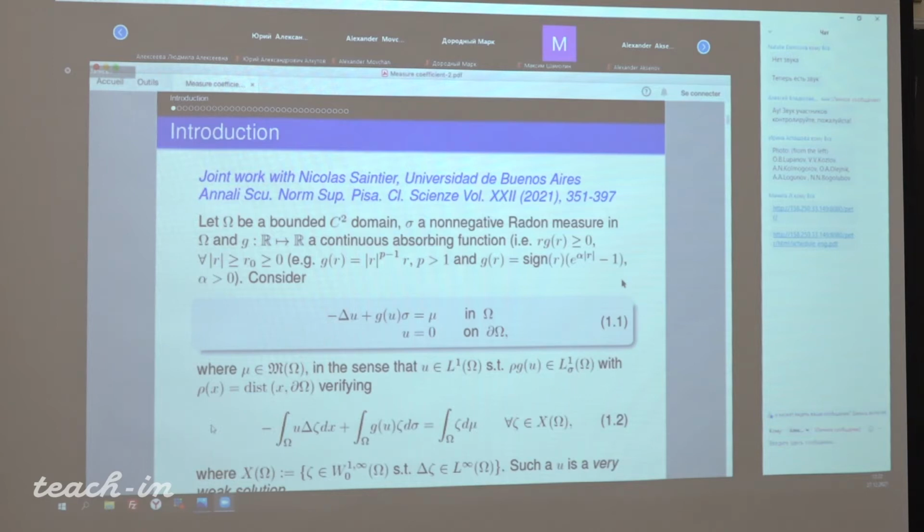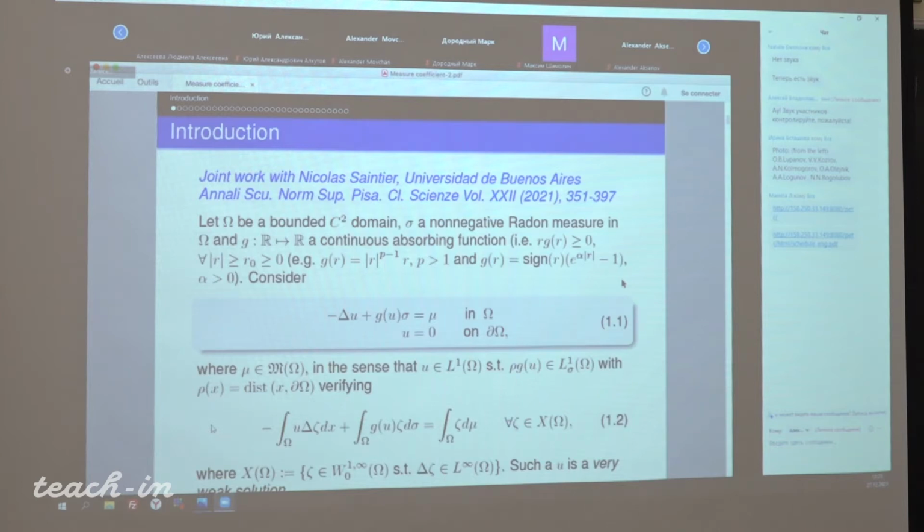Now the question we consider is minus Laplacian of u plus G of u times sigma equals mu, with a zero boundary condition. What is mu? Mu is also a measure, a general measure in nonlinear. So what is the meaning of this formulation? We want u to be an L1 function.